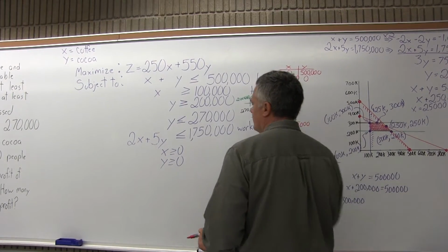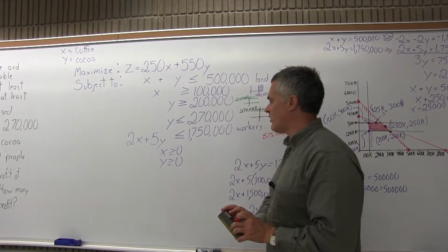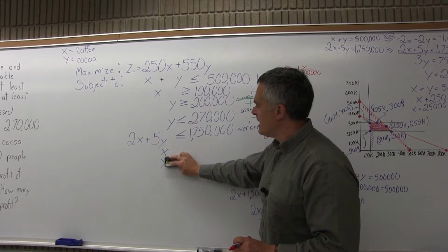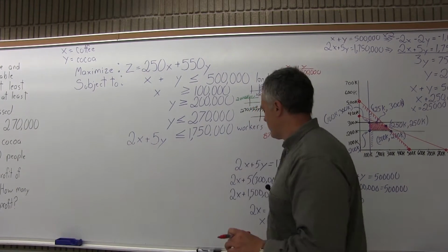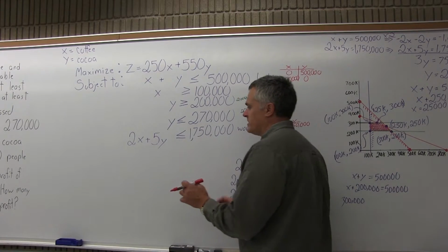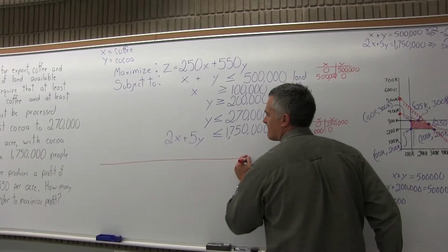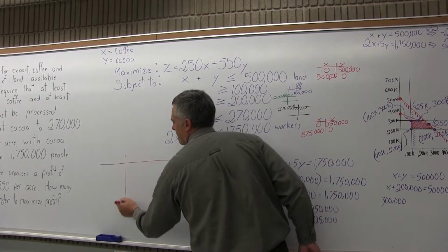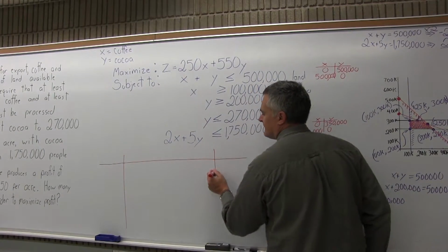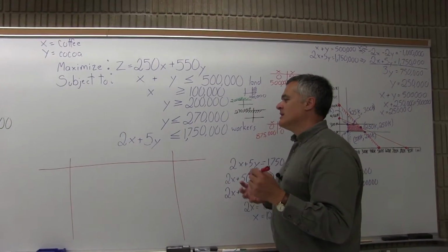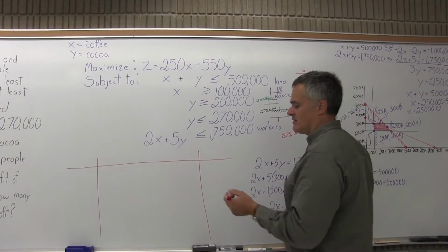Since I didn't need the x is greater than or equal to 0, y is greater than or equal to 0, that was kind of unnecessary. I'm going to erase that just so I'll have a little bit more room for my chart so I can write it without squeezing everything too much. And since I'm going to be using some very big numbers, I'm going to make a kind of big chart.